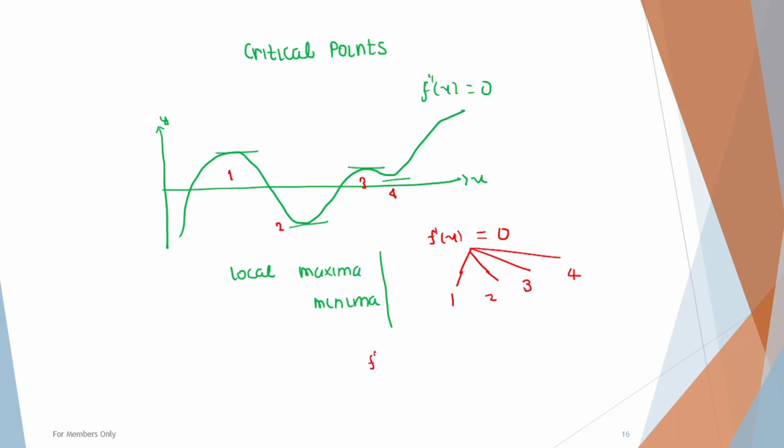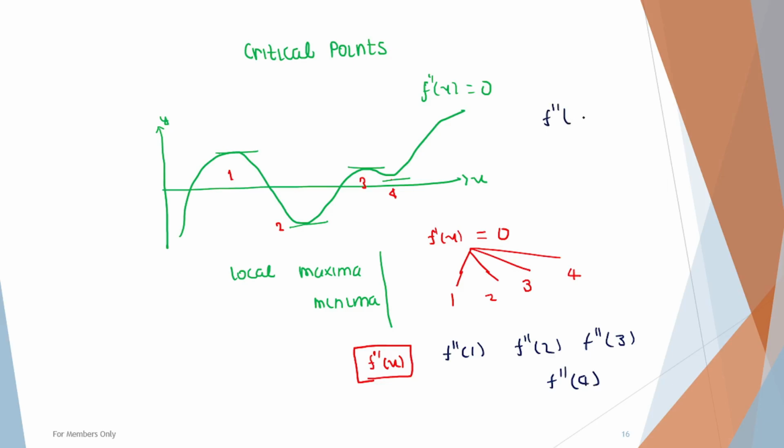Okay. So now you will again differentiate it. So we will check the value of f double dash of 1, f double dash of 2, f double dash of 3 and f double dash of 4, okay.